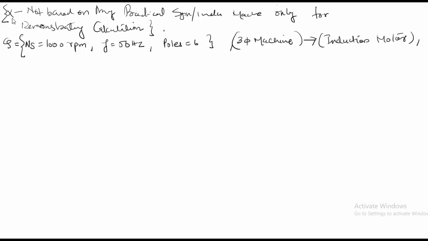Now the question is to calculate, and the slip given is 0.06 when the machine is running.